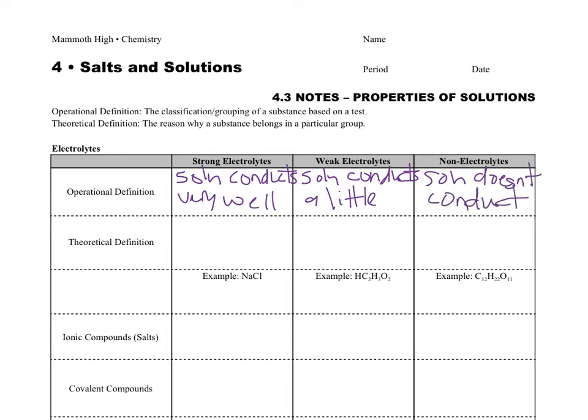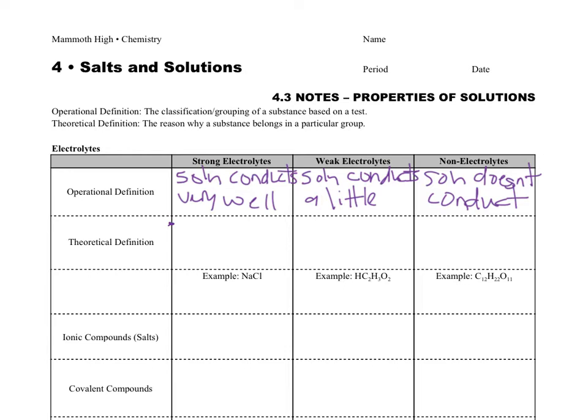Okay. And so then, though, we have another definition, and that is our theoretical definition, and that explains more about why, like why or how. Why is what is it about the solution that makes it conduct electricity well or not well? And so a strong electrolyte, there's kind of two, so we're going to try to get 2 bullet points in here.